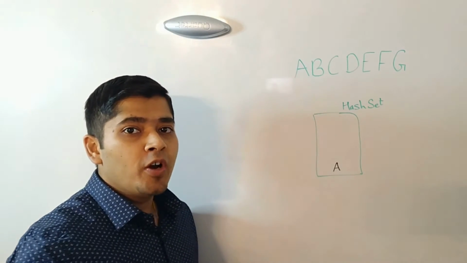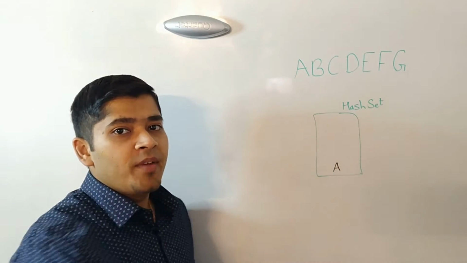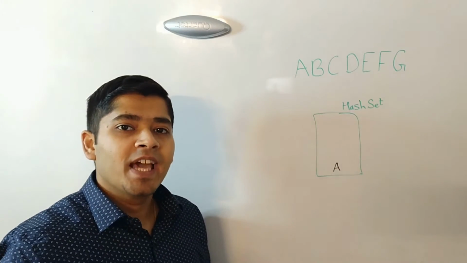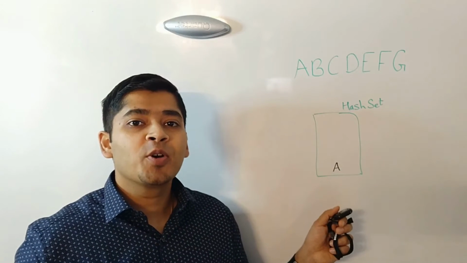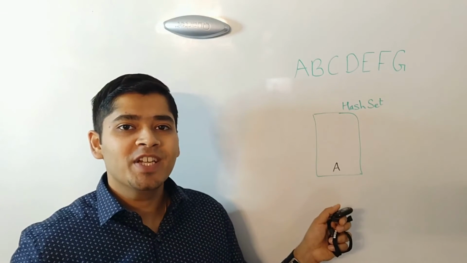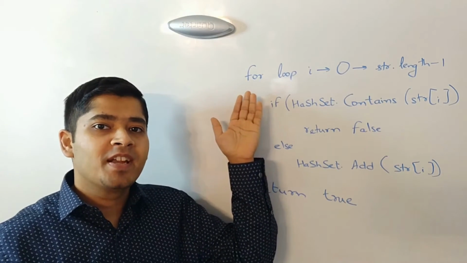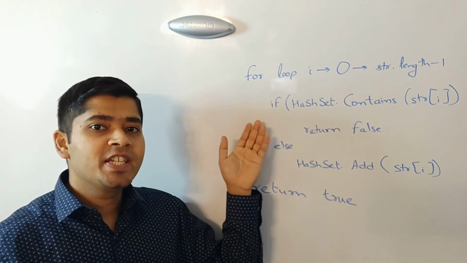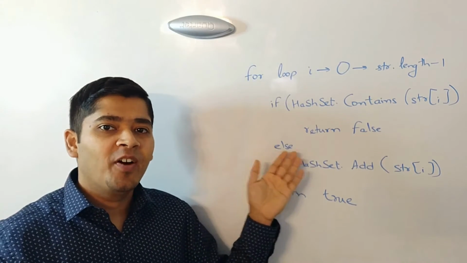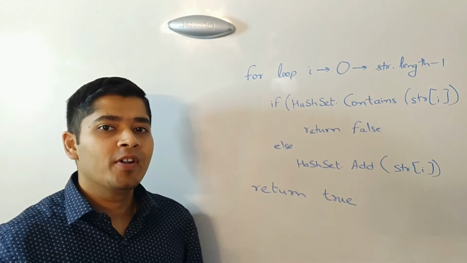Otherwise, if we do not find the character in the hash set ever through the whole string, that means all the characters are unique. So, how does the pseudocode look like for this solution? As you can see, we have our for loop which is running from 0 to the end of the string. For each character, we check if it already exists in the hash set. If it does, we return false.